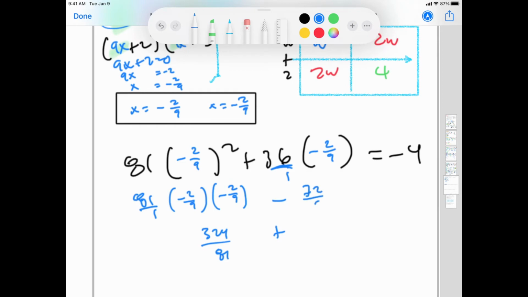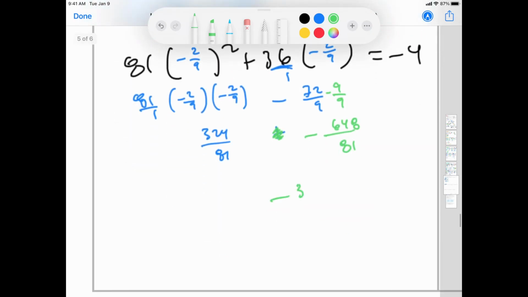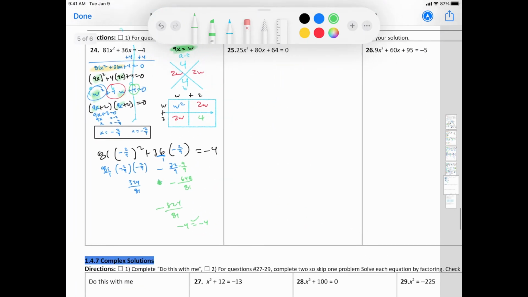Negative 72 over 9, which I need to now multiply by 9 over 9. 648. It's supposed to be a negative. So 324 minus 648 gives me negative 324 over 81. So divide my answer by 81 and get negative 4. Woo!